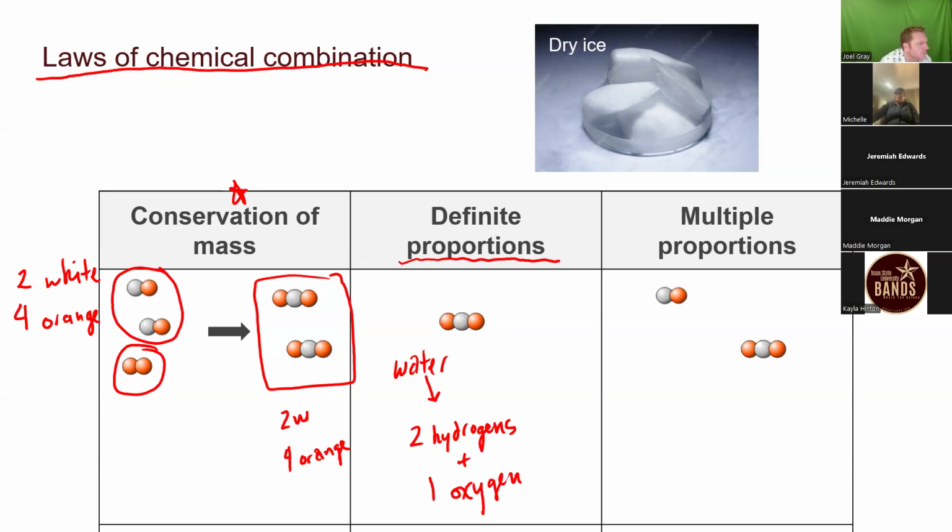Now, I'm going to write a formula right here and put a thumbs up if I've written the formula for water and a thumbs down if I've written the formula for something other than water. Thumbs up if I've written water and thumbs down if I've written something other than water.